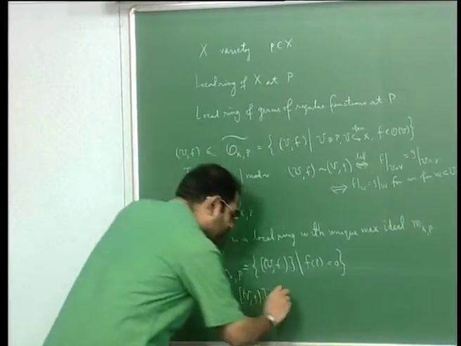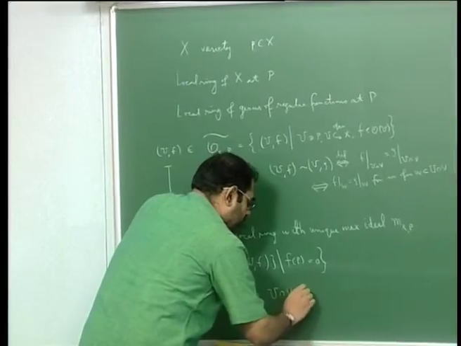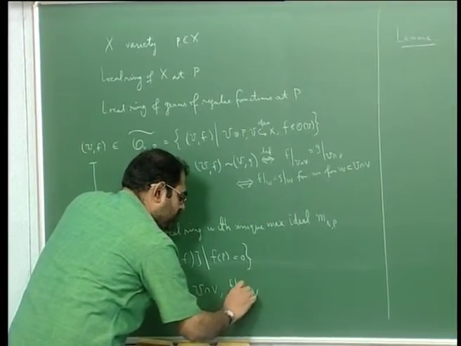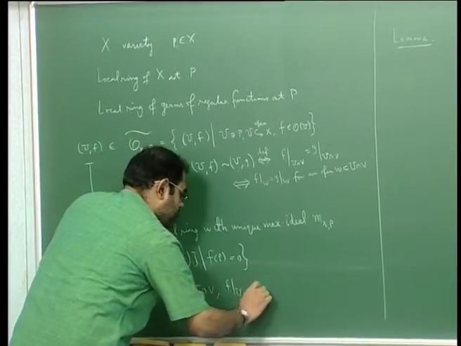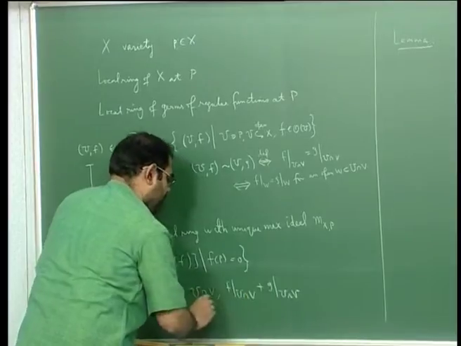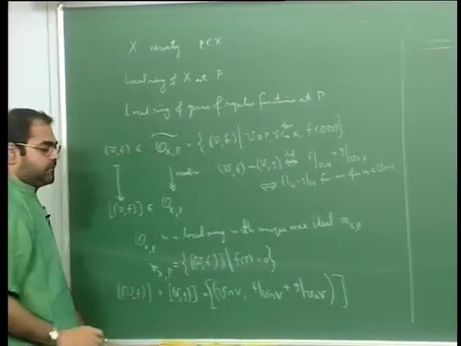So you just take U intersection V and take f restricted to U intersection V plus g restricted to U intersection V. So you take the germ of this pair.